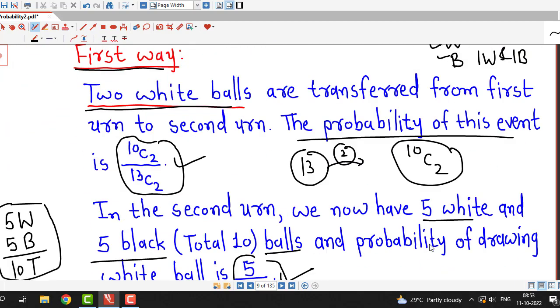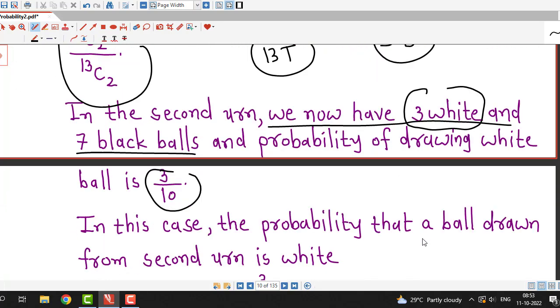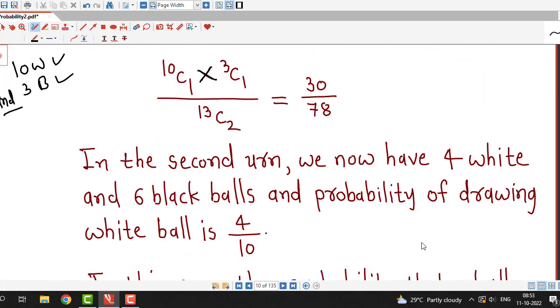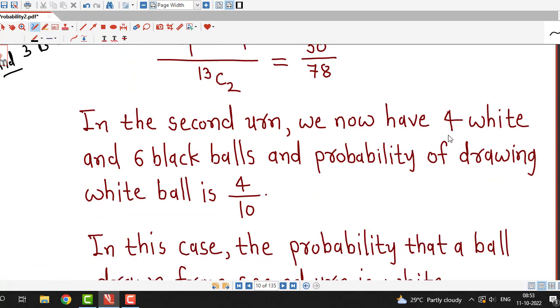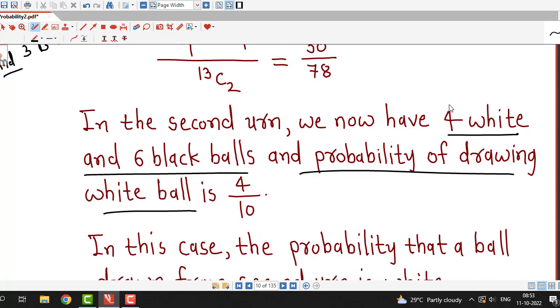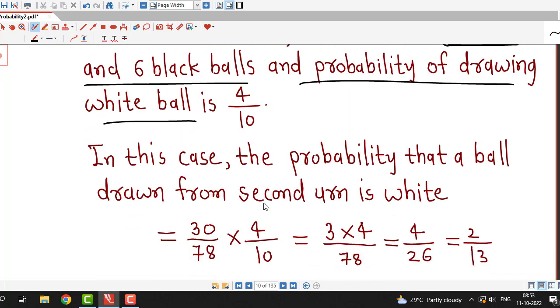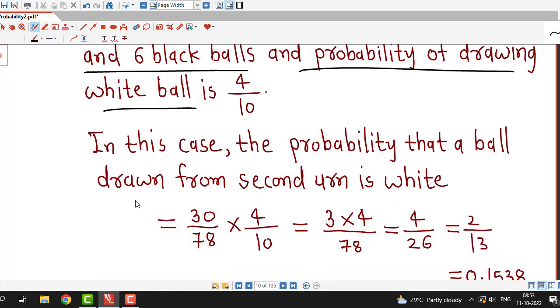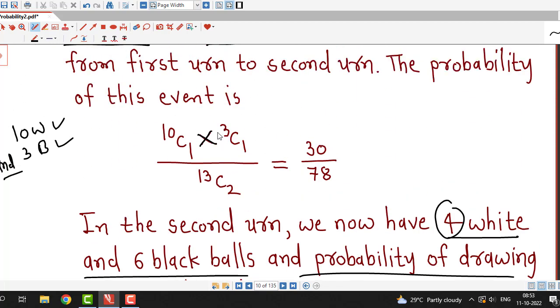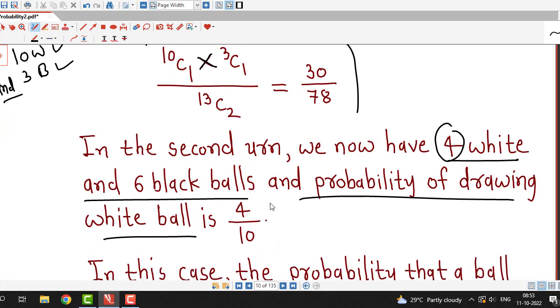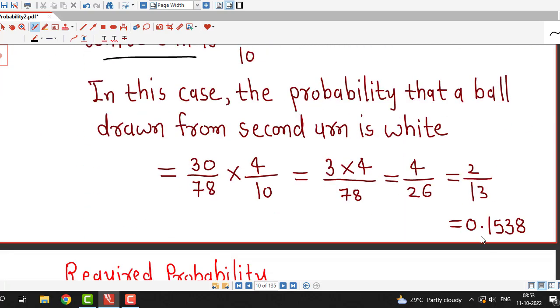Out of them we have to select one white ball. The probability of drawing a white ball is 4 divided by 10 because now we have 4 white balls. So the probability that a ball drawn from the second urn is white is the product of these two, this probability into 4 by 10, which turns out to be 0.1538.